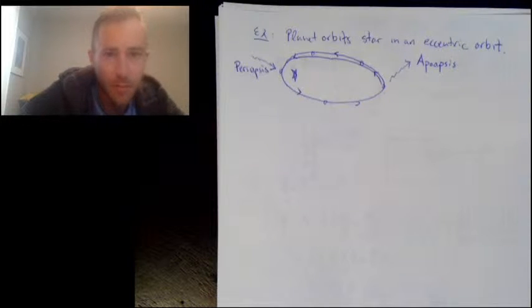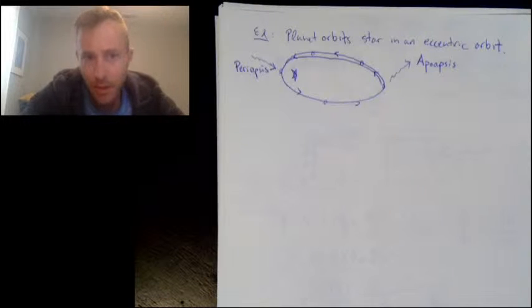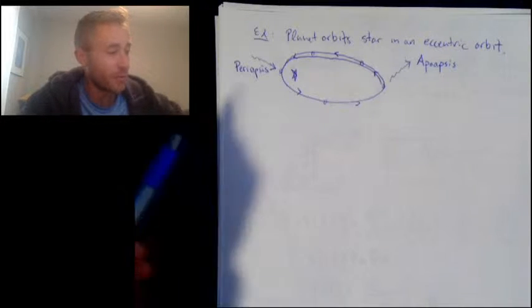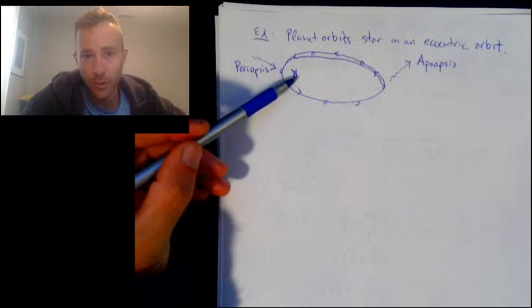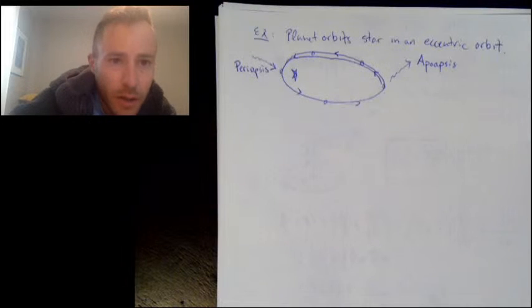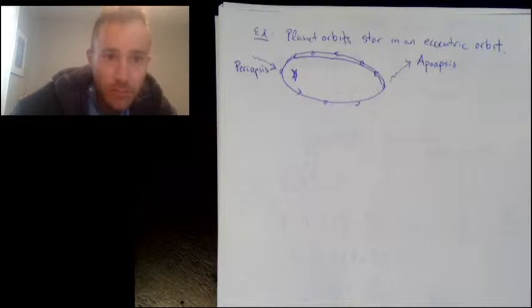Perihelion and aphelion. If we were talking about a satellite orbiting the Earth, then it would be called the apogee, for geo.